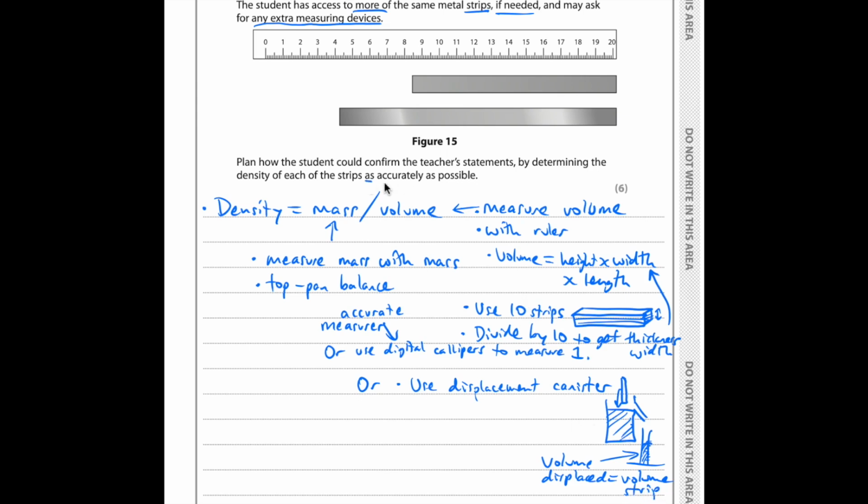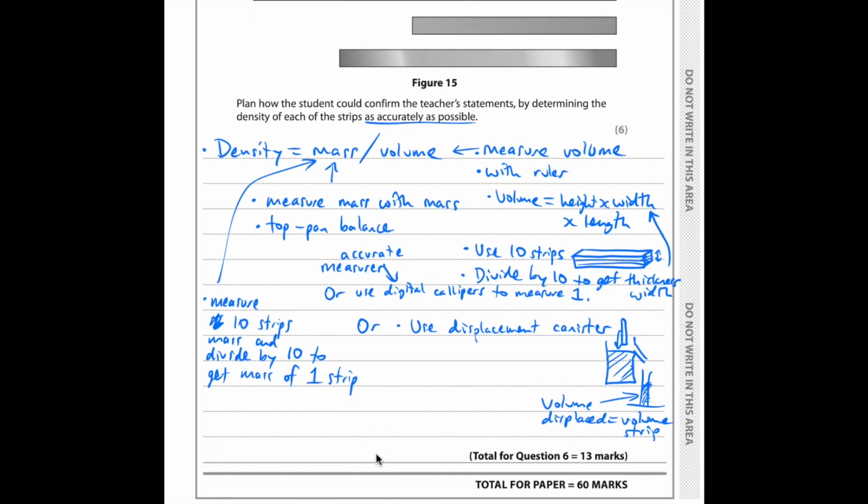Now they are saying as accurately as possible. So to get the mass, you might want to measure 10 strips' mass and divide by 10 to get the mass of 1 strip. Then you'll need to compare your values for density with the density that the teacher said.